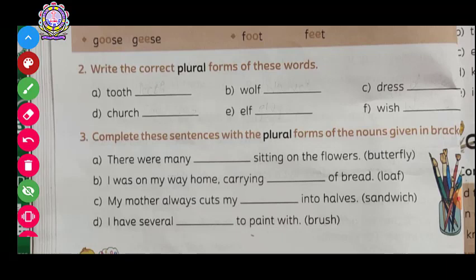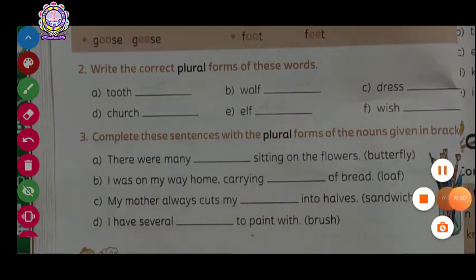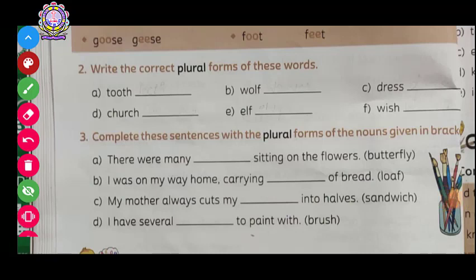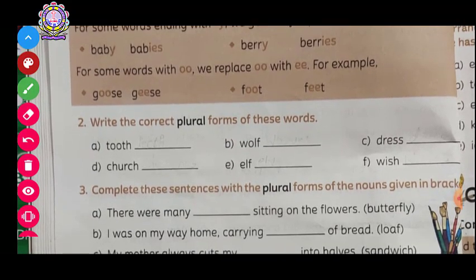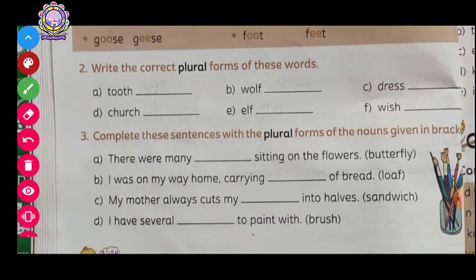Alright, so your first word is tooth. You have to change this tooth into its plural form. So what will come here? Double o is coming in between the word. So this double o will convert into, tell me, double e.